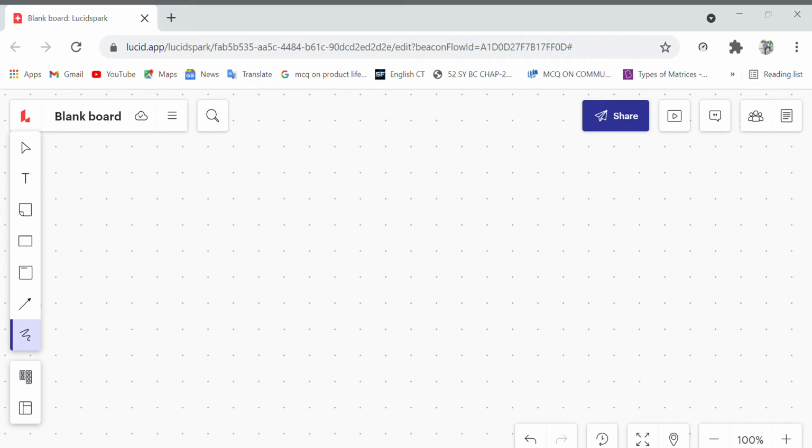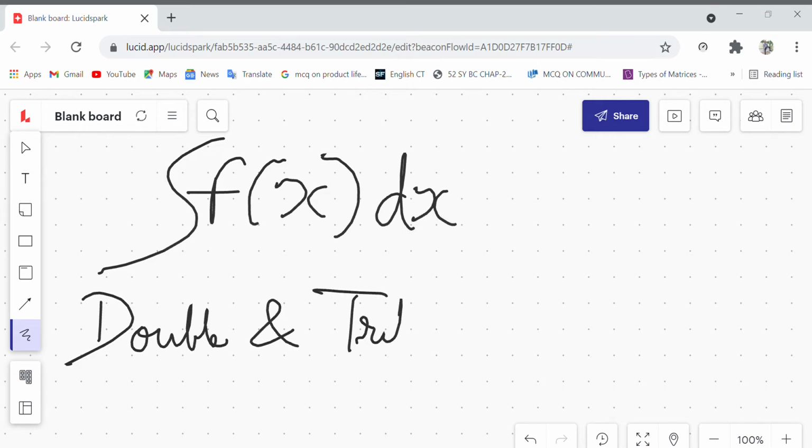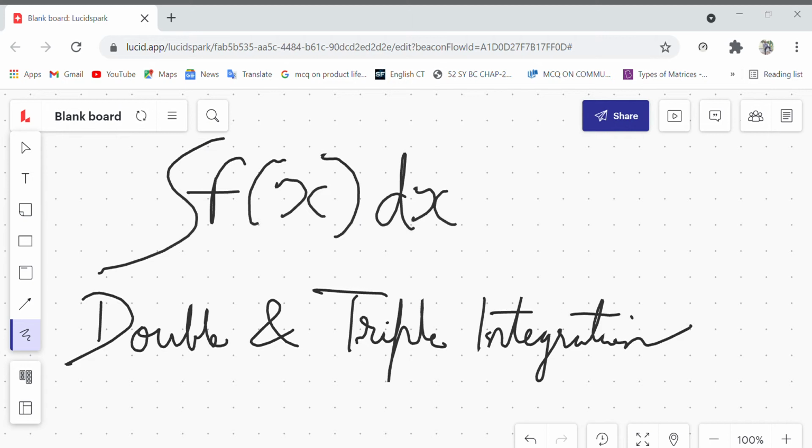So we again welcome back with a new episode of mathematics with the concepts of double integration and triple integration. So let's get started. In normal integration, you must have seen integrating f of x dx, but in double and triple integration, you will find a lot of changes.